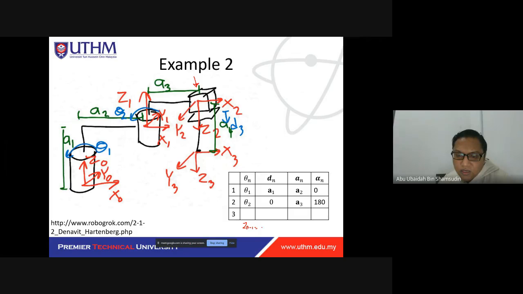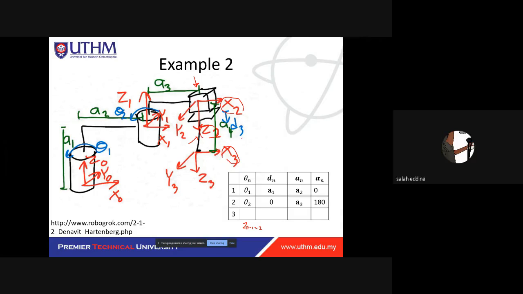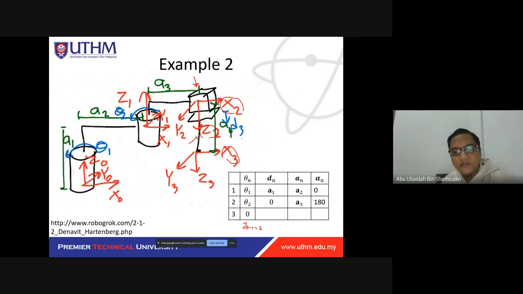So you need to rotate Z2 so that the x2 will be the same as x3. In this case, these two are the same. So the value will become zero. Yeah, this is a special case, so it is 0.